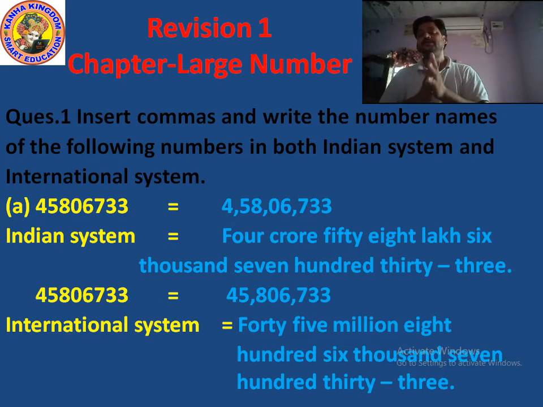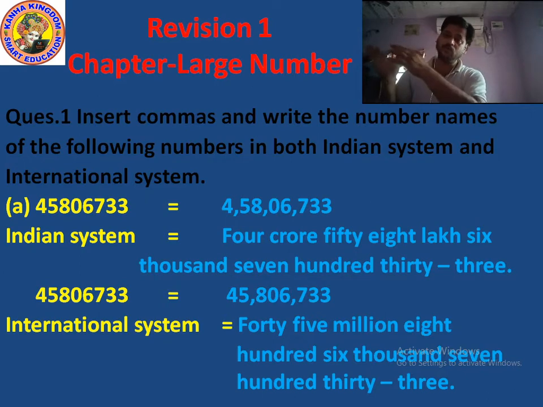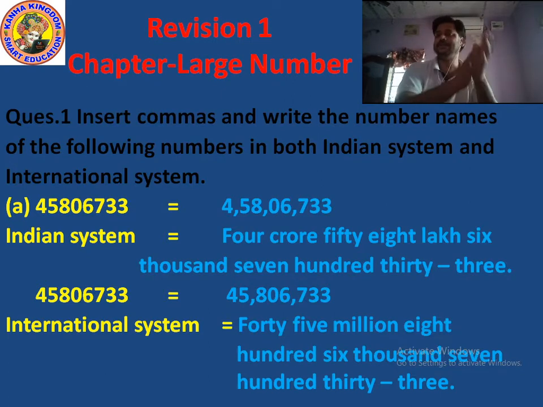So now start from the right hand side. First you count 3 place values, because first is ones period, and in ones period there are 3 place values. So first you count 3 place values, that is 733. Starting from right hand side, first is 3, then 3, and then 7, then make a comma.